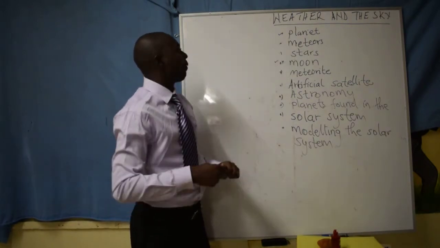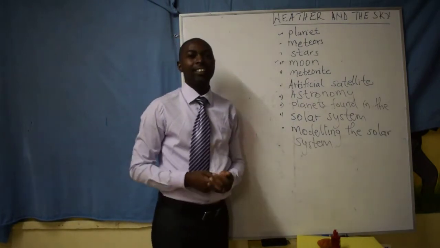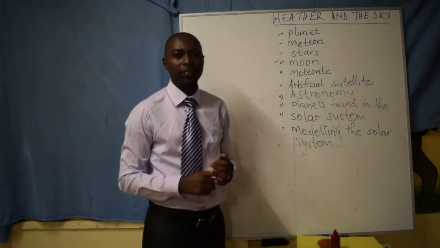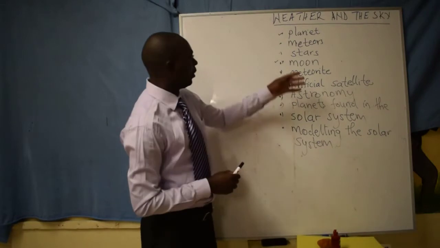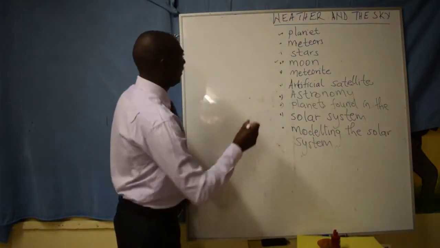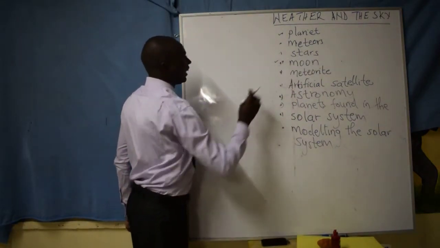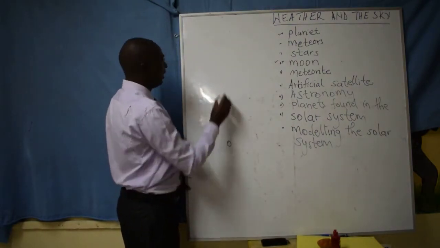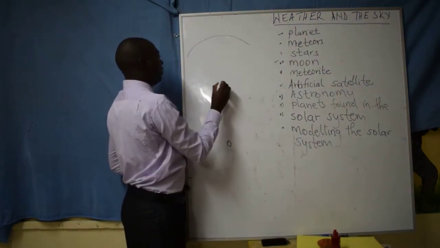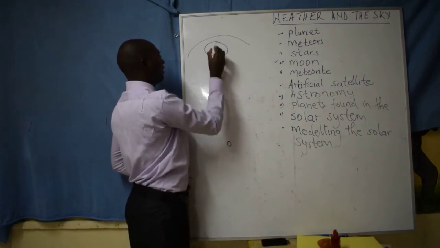The stars are billions, but our eyes can only see 3,000 at a go, 3,000 stars, but there are billions of stars. What makes the difference? The difference in the sizes of the stars depends on three things. If you have someone here, and this is their space, there is one star here, another one here.